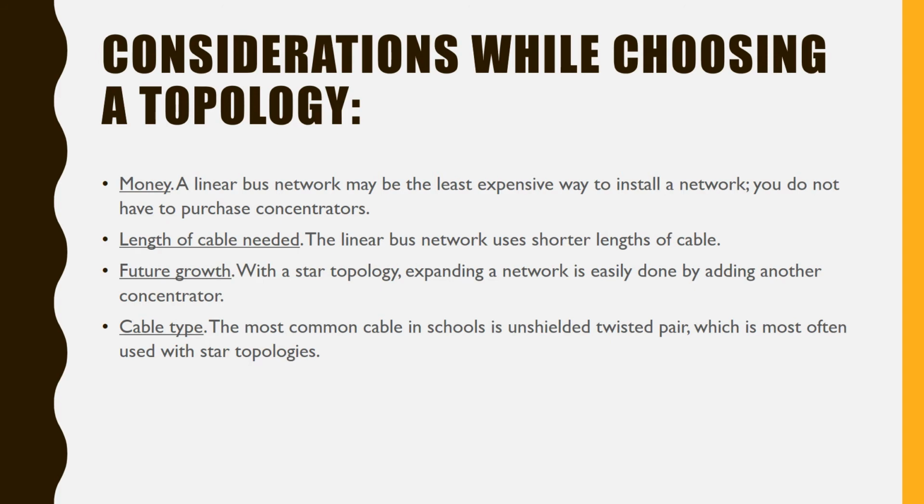The third thing that we need to think about is whether we are going to expand our network in the near future. If there is a possibility of expansion of the network, then we should always go for a tree topology or a star topology, because these two topologies, especially the star topology, are the easiest way to expand the network.